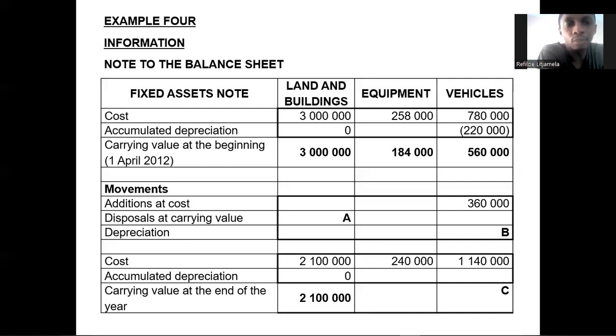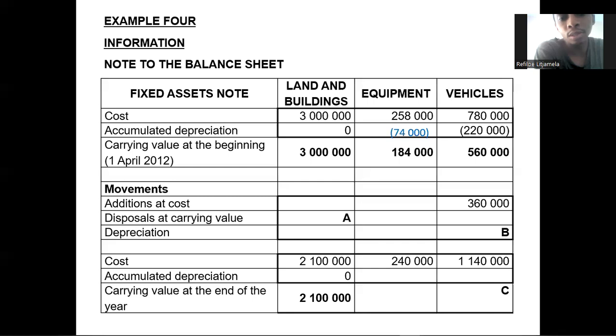For equipment, you were given cost at the beginning of the year of 258,000 and a carrying value of 184,000 rand. But we were not given accumulated depreciation. So we had to calculate it by taking the cost price minus the carrying value, and we got 74,000 rand as our accumulated depreciation.